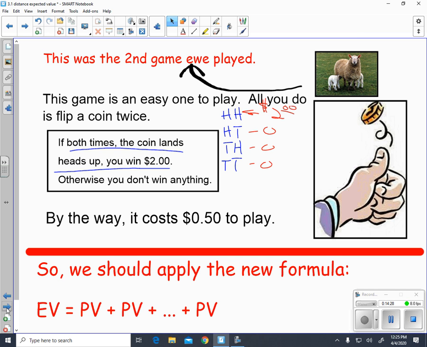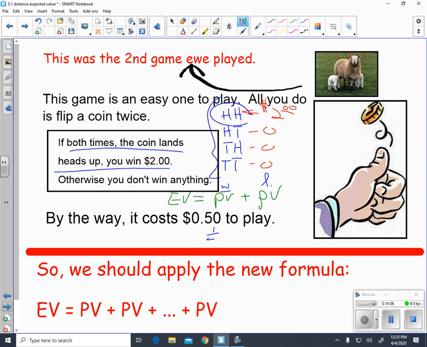So if I use my expected value formula here, I'm actually going to do 1 probability and a value for winning and 1 probability and a value for losing. So the probability of winning, this will be my win, this will be my loss. Look at that, only 1 out of these 4 ways of playing do I win.